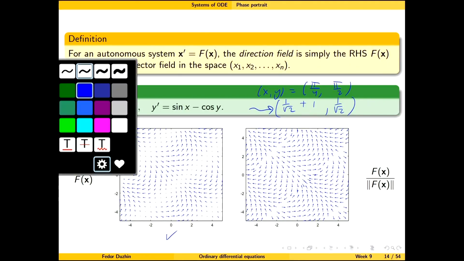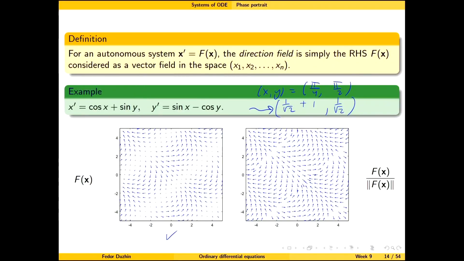In this example, I think it makes more sense to plot it to scale, because when the picture is to scale, we see the lines along which the vectors have zero length or very short length.